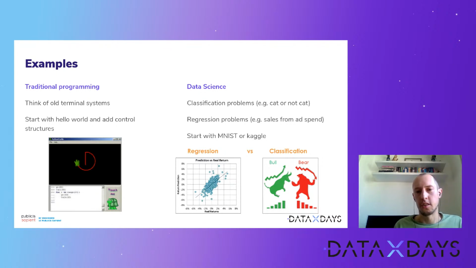Now, if you think about data science problems, these look rather different. They're traditionally put into two categories: classification and regression problems. Classification problems are all about putting a data point into a bucket. So, for example, you're given an image and you need to recognize whether the image is of a cat or not a cat. Regression problems are the other category, and this is about making a numerical prediction.